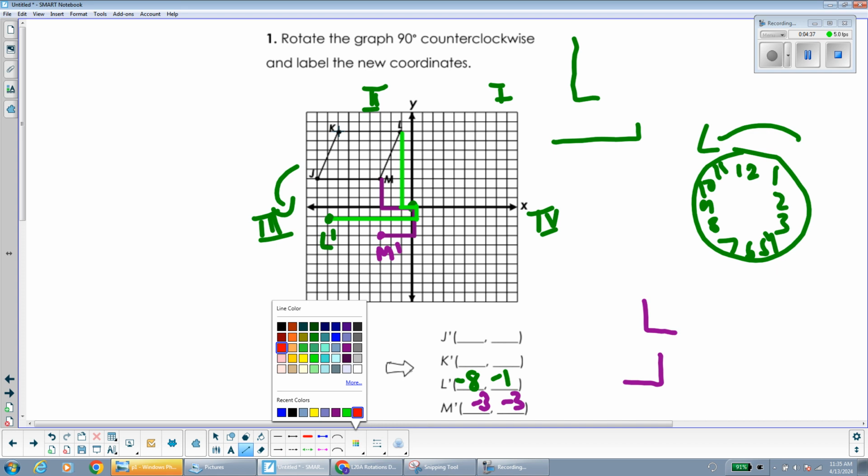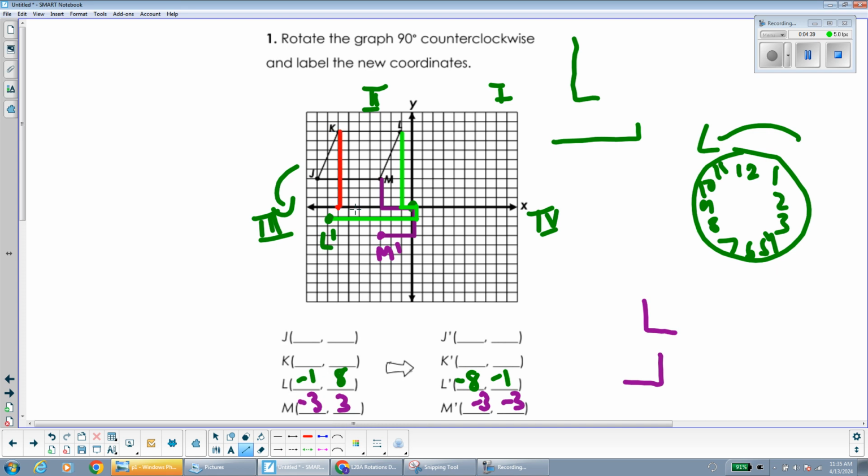Let's do point K next. Okay, so we can see that L shape.